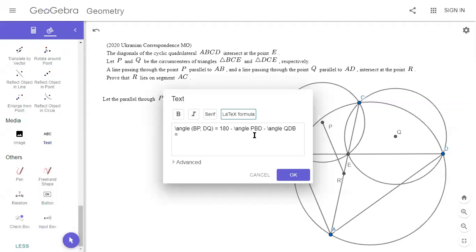So that's 90 minus angle PDB plus 90 minus angle QDB.